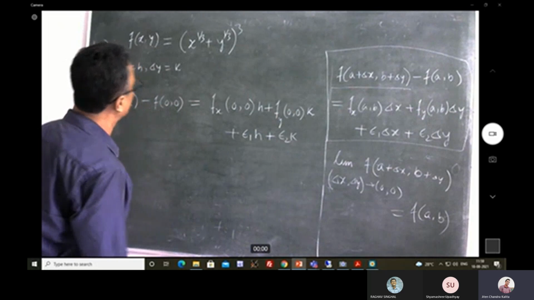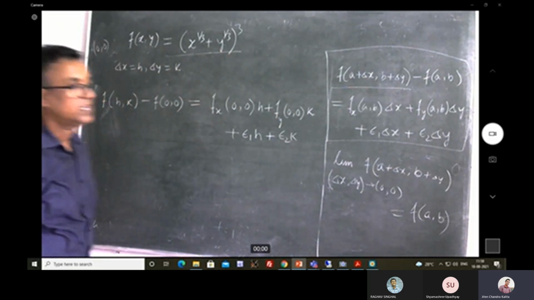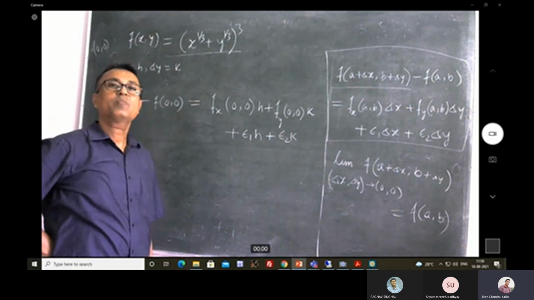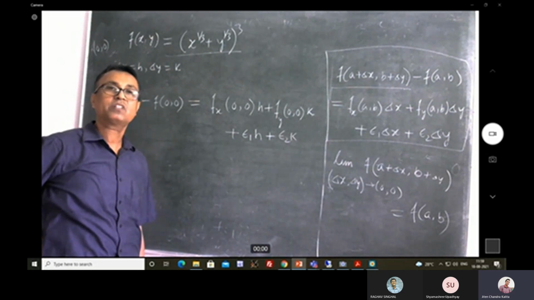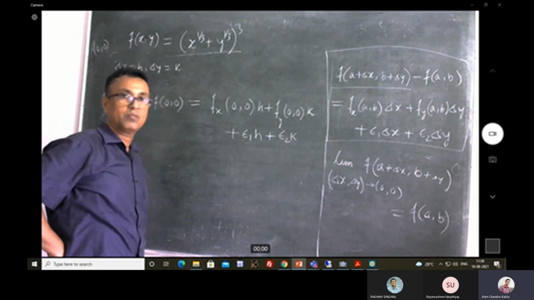Before moving further, this function is of polynomial form, isn't it? So obviously, this function is going to be continuous at 0, 0. We don't need to bother about that.